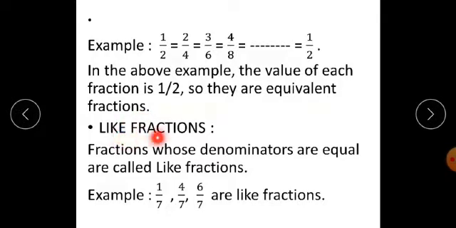Next type of fraction is like fractions. What are like fractions? Fractions whose denominators are equal are called like fractions. Examples: 1 upon 7, 4 upon 7, 6 upon 7 are all like fractions, because for each fraction the denominator is the same, that is 7, and therefore fractions whose denominators are equal are called like fractions.